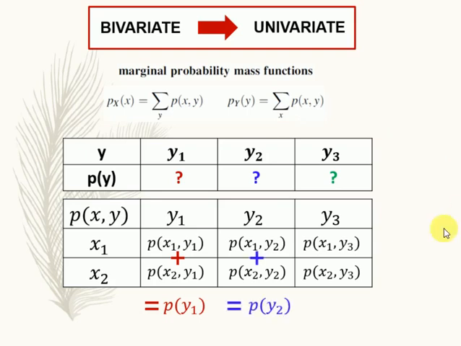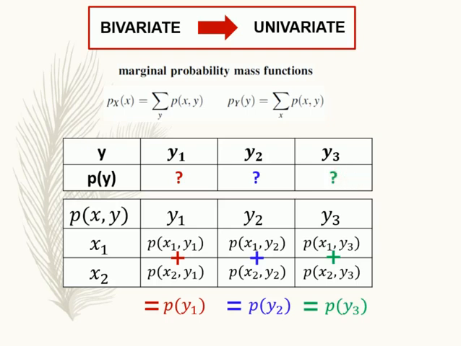Similarly here, you also sum over the different x values, just like in the definition, to get the probability of y on its own. Whatever you have here, you just put it in the corresponding space, the question mark color.